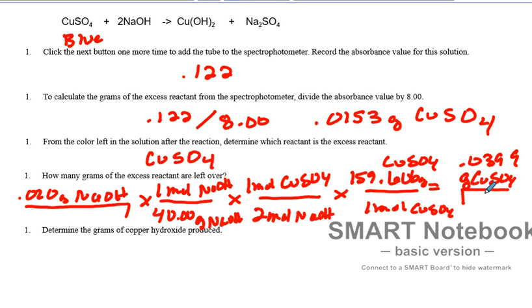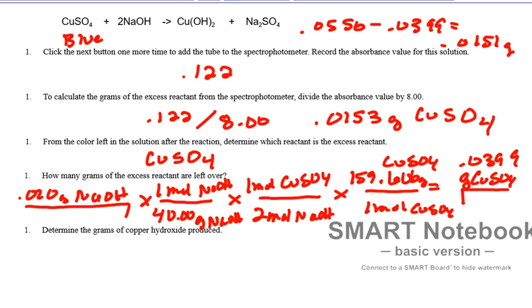Okay. Now to determine the actual excess, I'll do that up here since I don't have space down there. I'll take what's given for copper sulfate, 0.0550, and I'll subtract the 0.0399, and that gives me a 0.0151 gram excess.